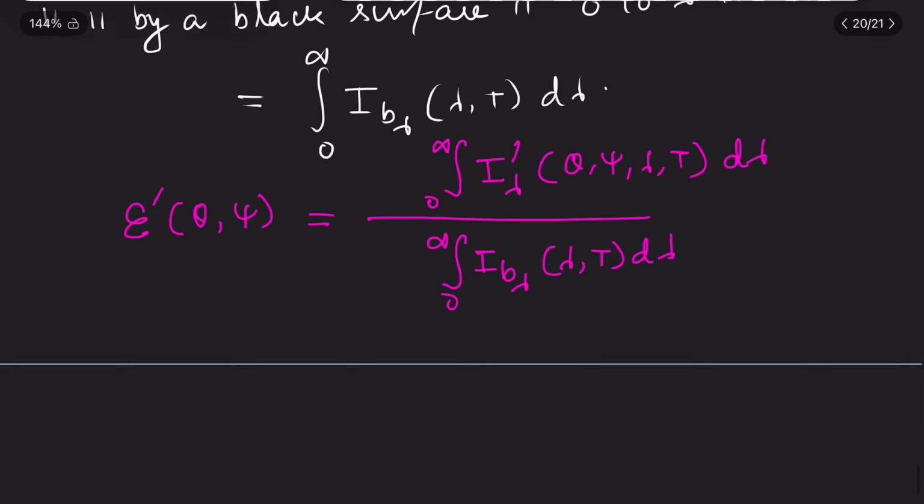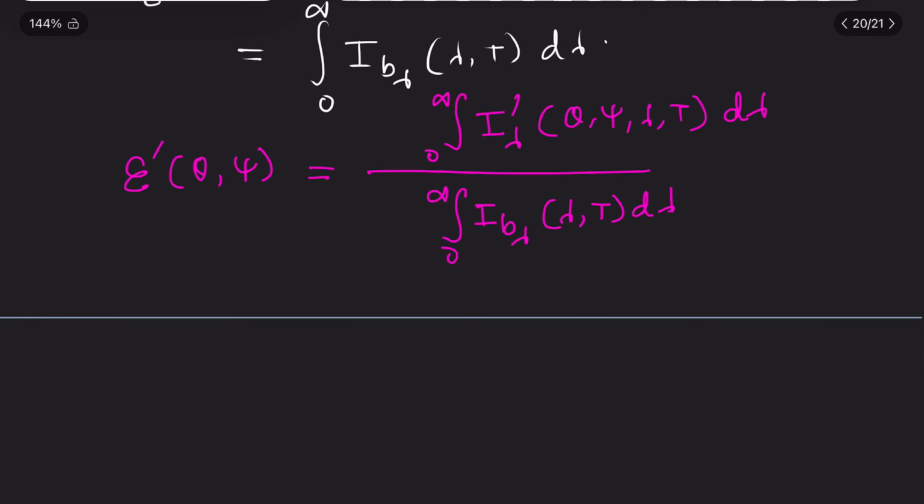So this is called directional total emissivity, clear. So this is how you should think about the radiation things, and obviously this is also a function of temperature, okay.